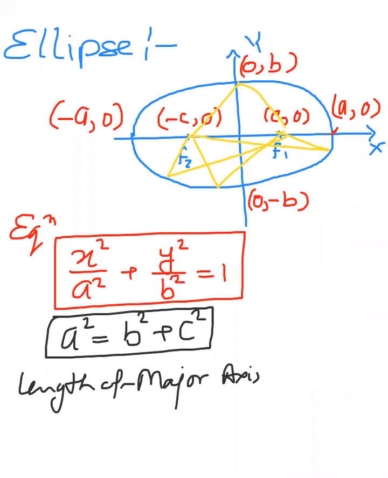So the length of major axis is 2a. This side a and this side a. So a plus a will be 2a. So the length of the major axis will be equal to 2a. Same way as the length of minor axis.